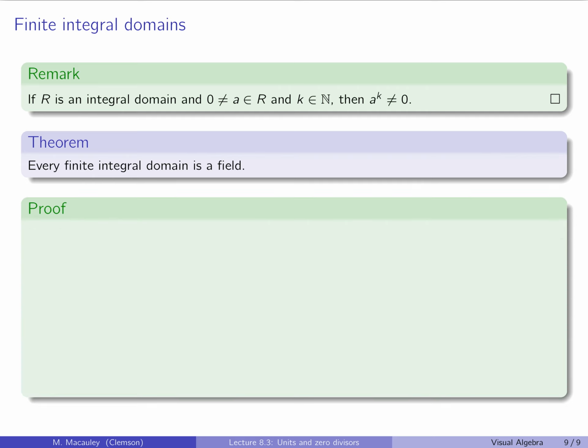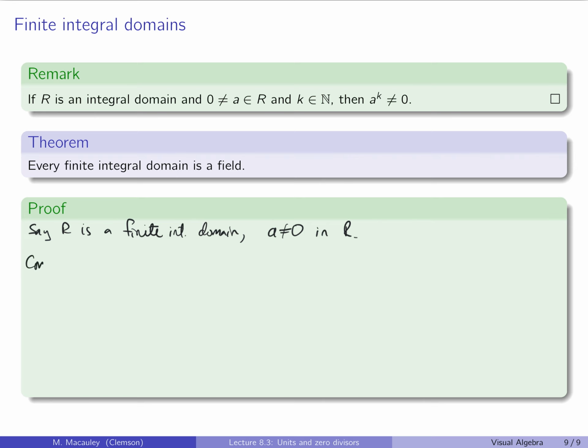Let's prove this. So let's say that R is a finite integral domain, sometimes we write ID, and a is a non-zero element in R. To show that R is a field, we just have to show that a has a multiplicative inverse.